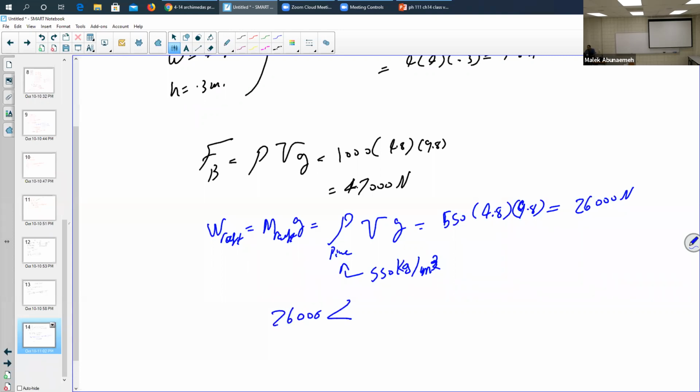Now notice that the 26,000 is smaller than the 47,000. That means your buoyant force of 47,000 is bigger than your weight. So that means the raft floats.